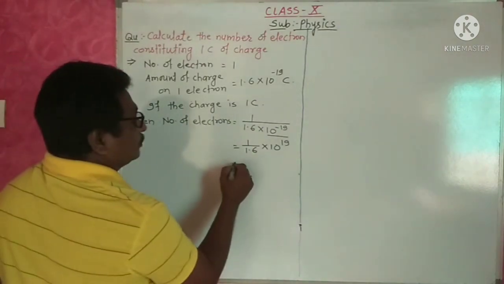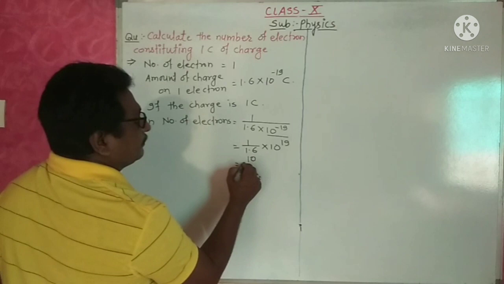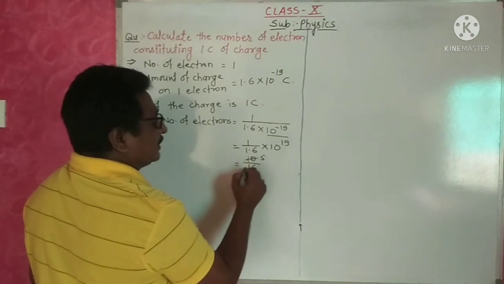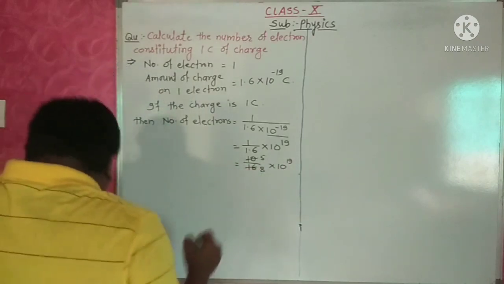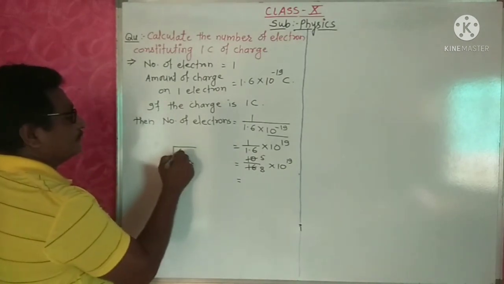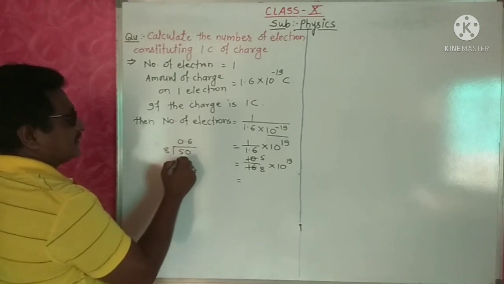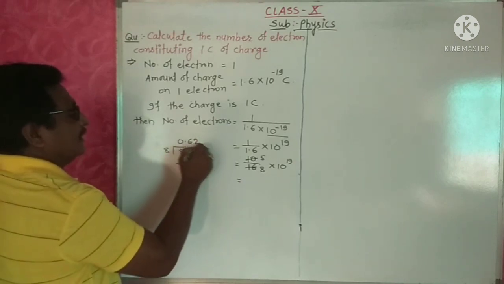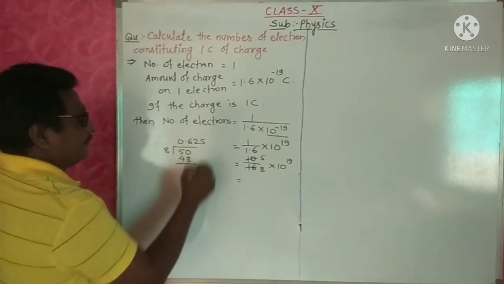Okay. So now remove the decimal point. So 10 by 16. So what will we get? 2 5s are 10, 2 8s are 16. So now divide it. 5, 8, 0, 8 6s are 48, 2, 0, 8 2s are 16, 4, 0, 8 5s are 40.